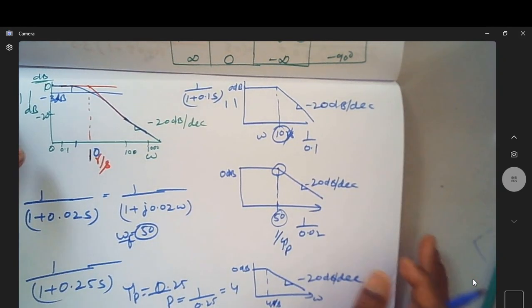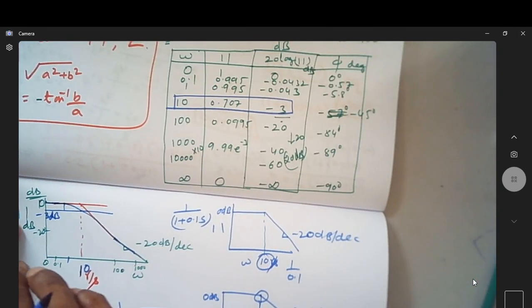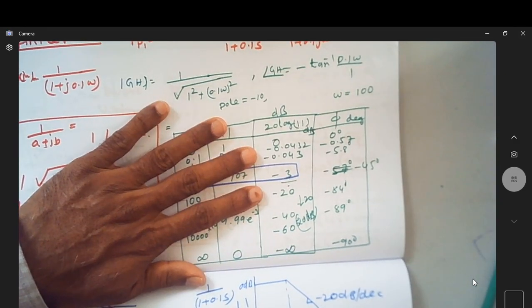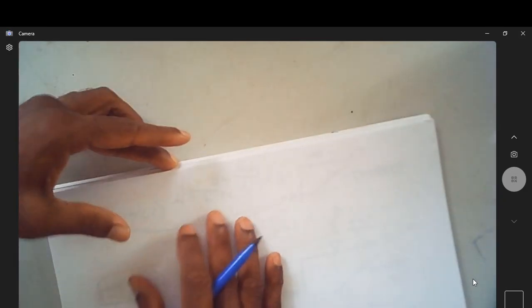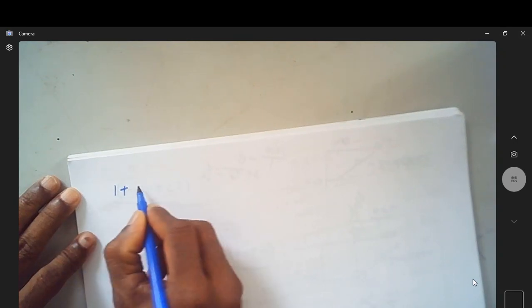On the same lines, if you have a 0 at any point, it's very simple, which you can prove the way we have done it here for a pole. Assume that you have a 0 like 0.1, because this is the numerator. So if this is your G(s) H(s), assume you want to represent only a 0.